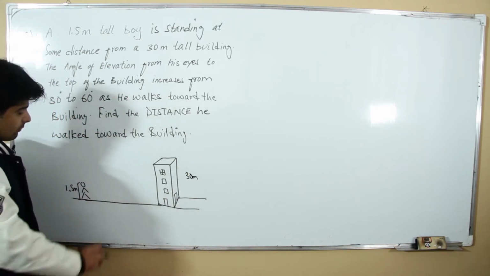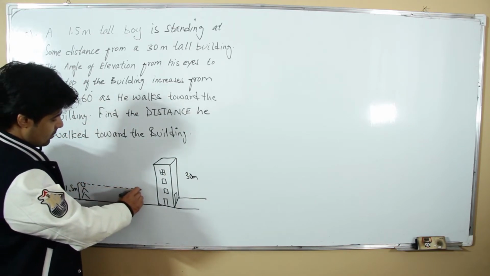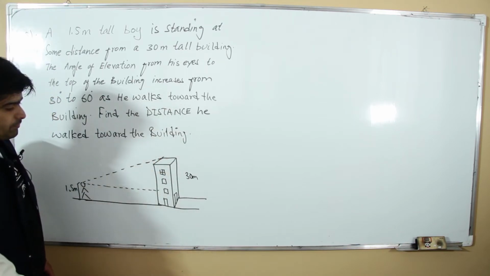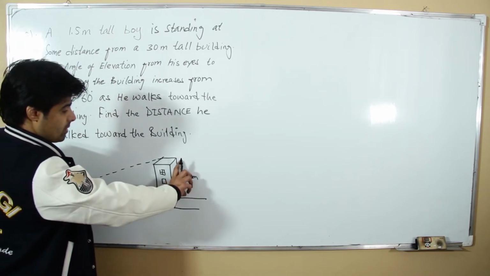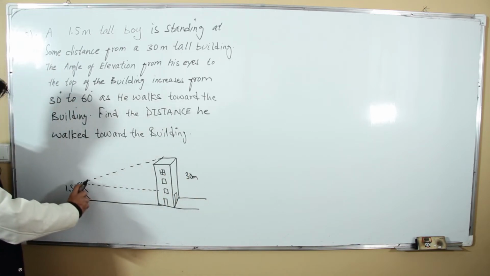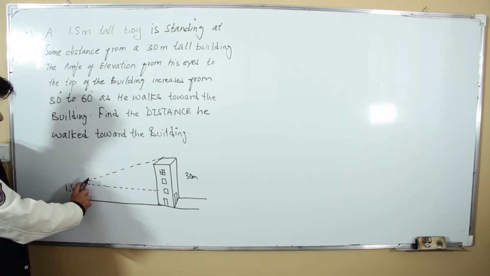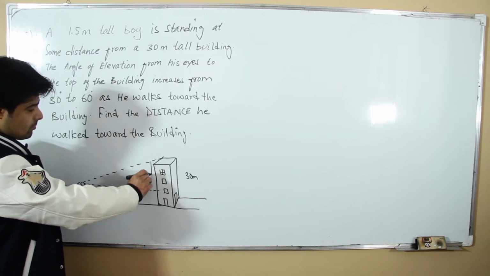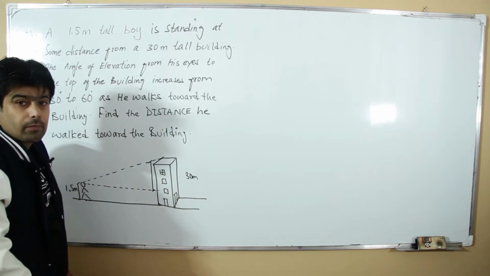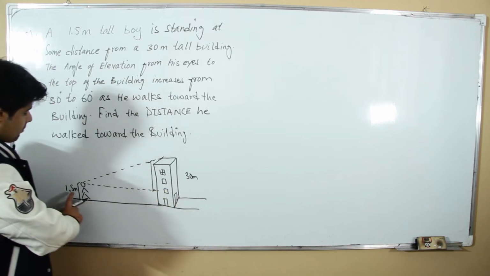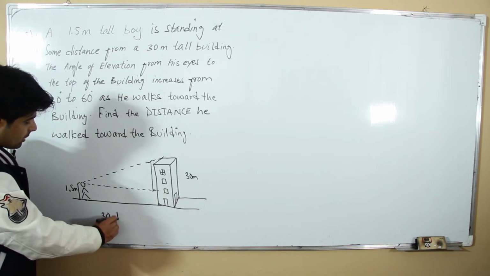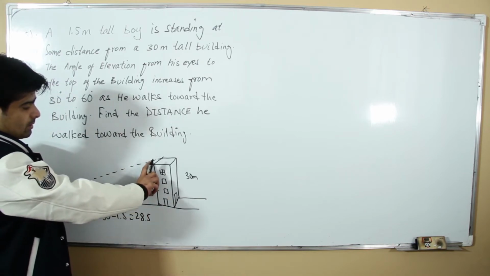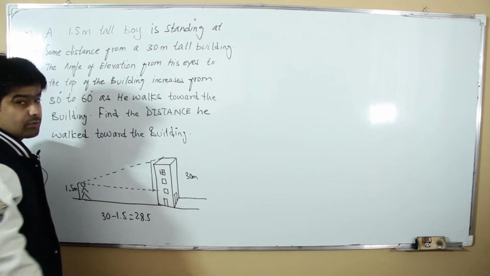Now, what is the angle of elevation? Angle of elevation is between this part and the top. It means from 30 we have to subtract this part. So we will have this height. Am I right or not? Yes. 30 minus 1.5, which is 28.5. This is 28.5.